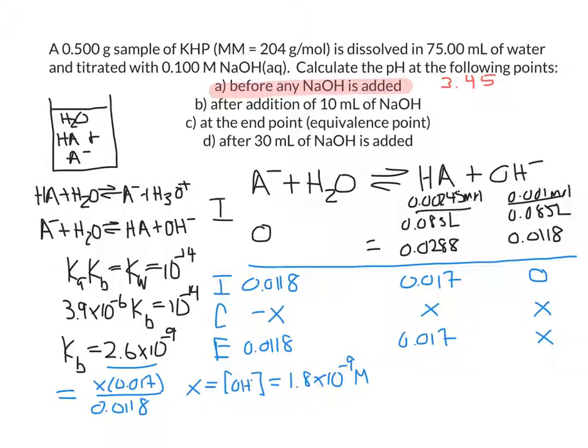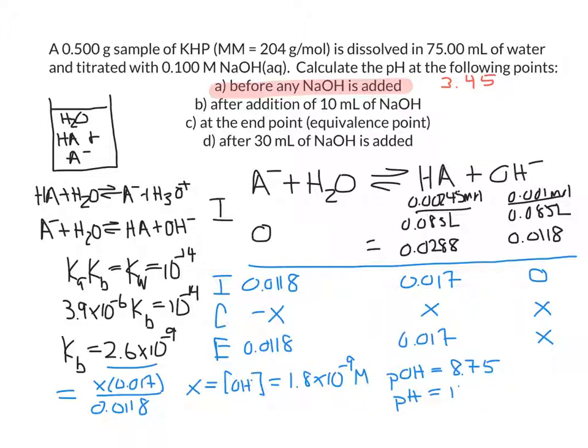And so from that value, I can get the pOH by taking the negative log. And so if I take the negative log of that number, my pOH is 8.75. Finally, I can find the pH by remembering that pH plus pOH is 14.